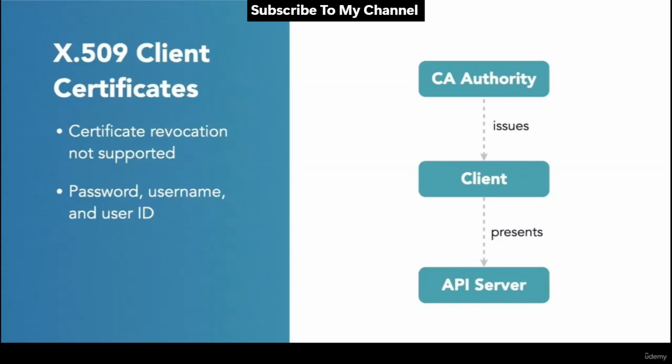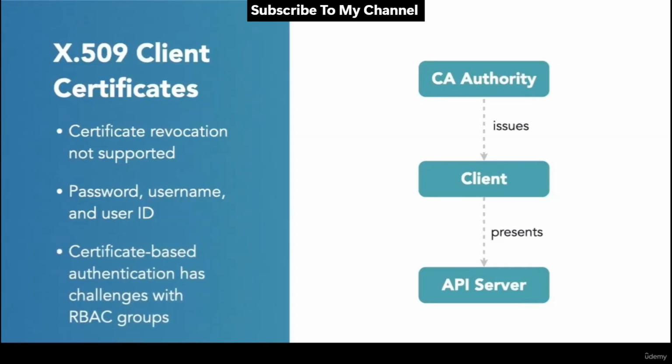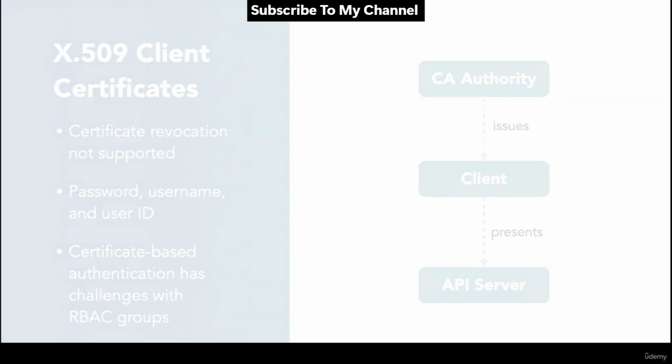Because every time the privileges of the subject change, you will need to reissue a certificate. Well, there is a case when you can still use this option in case of an emergency and your identity provider is not reachable. But we haven't yet talked about the identity provider in the context of Kubernetes yet.